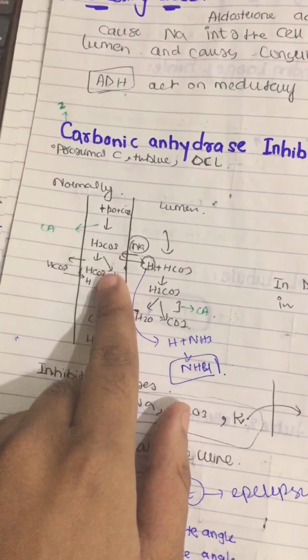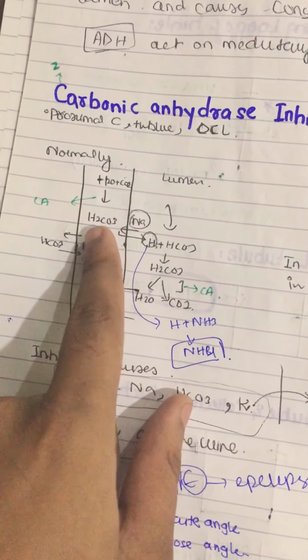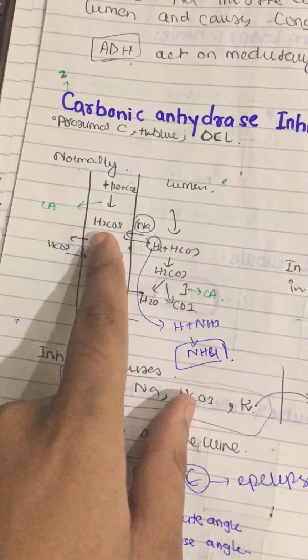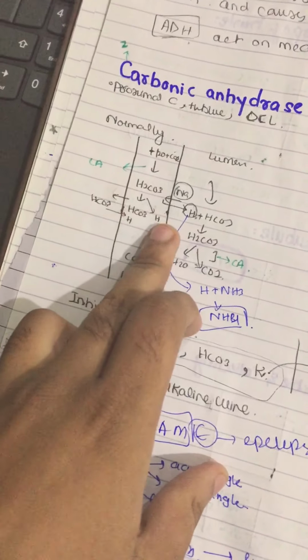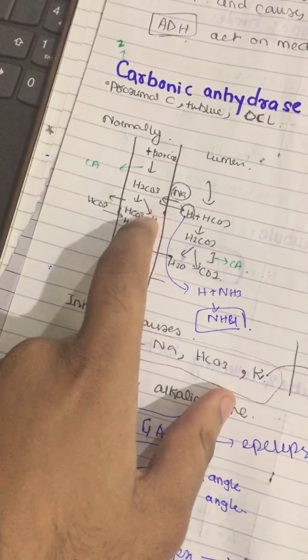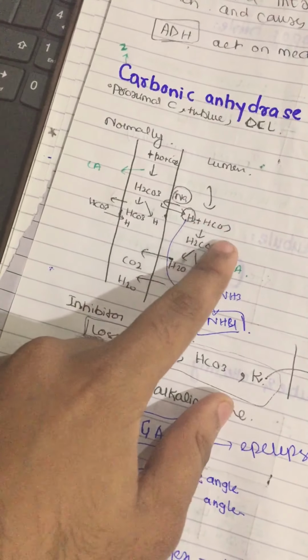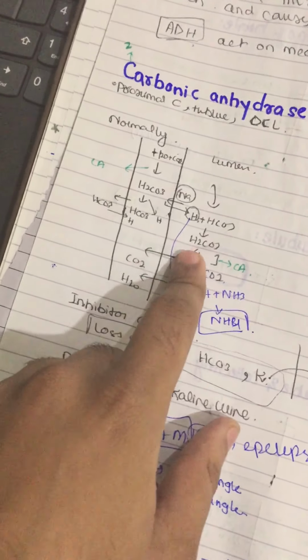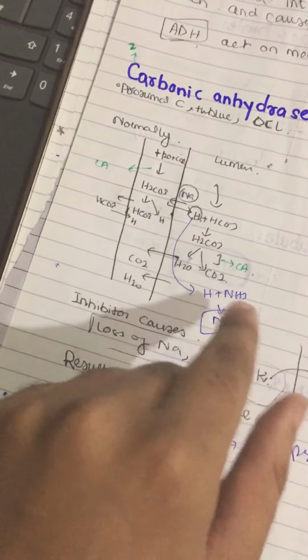Carbonic anhydrase is responsible for the conversion of carbonic acid into the bicarbonate ion and the hydrogen. The hydrogen goes outside the cell into the lumen, where it combines with the bicarbonate and carbonic acid is formed, and then water and carbon dioxide come inside the cell.